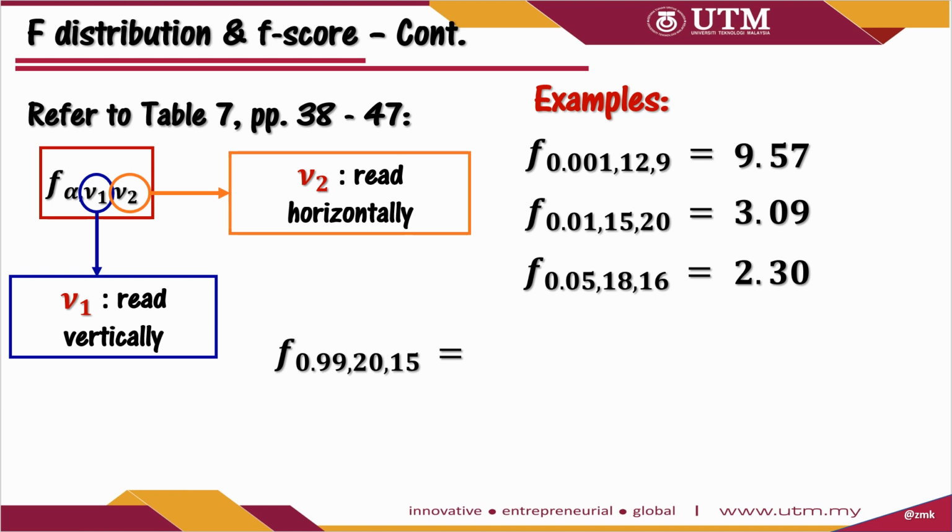Therefore, we can use the formula F 0.99, 20, 15 equal to 1 divided by F 0.01, 15, 20, where F 0.01, 15, 20 was 3.09 that we found earlier.